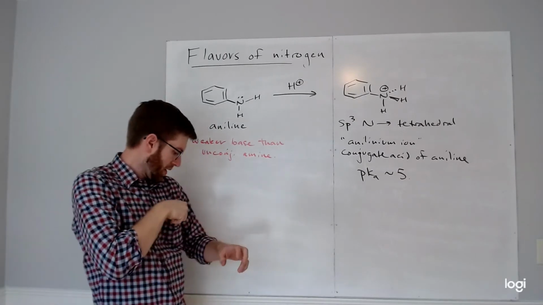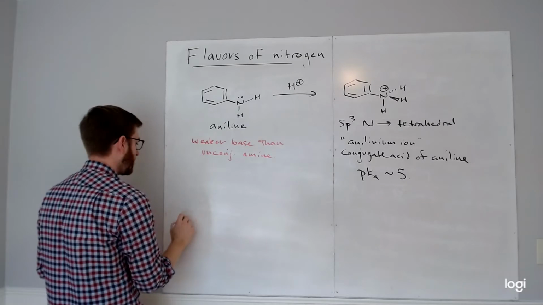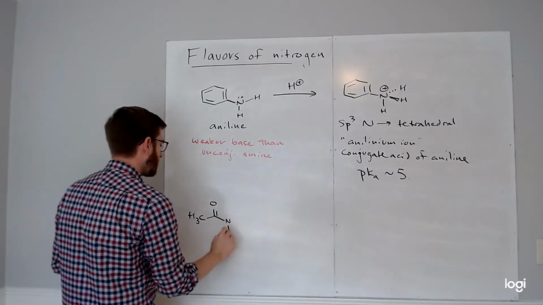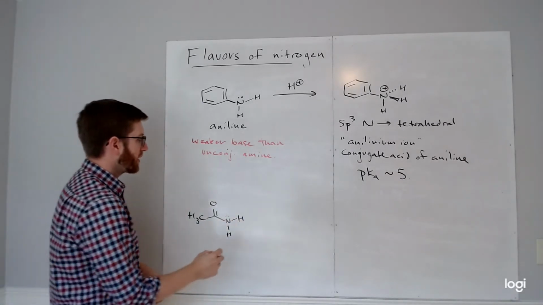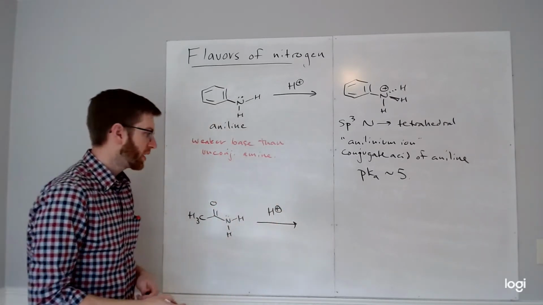All right, and we can also compare this to amides. So we'll look at a very simple one. If we reacted this compound with an acid, we would need to draw the conjugate acid.